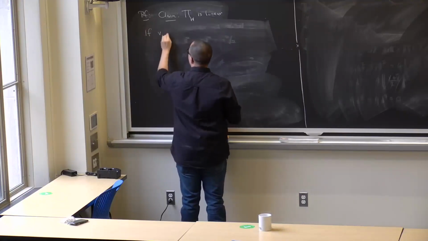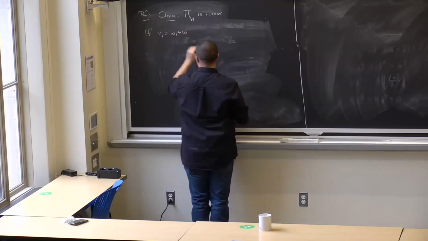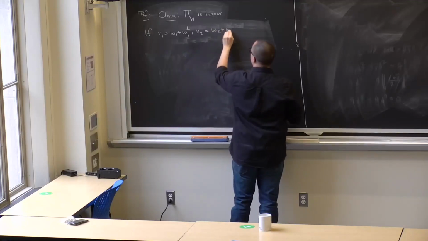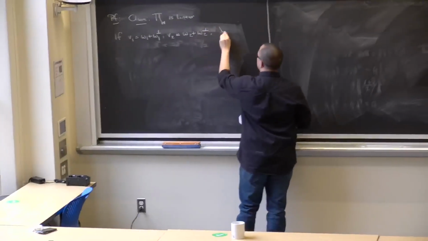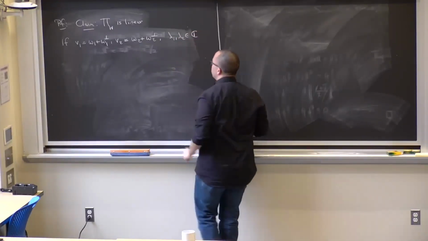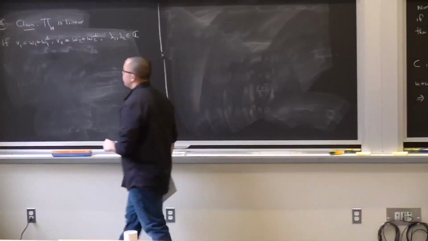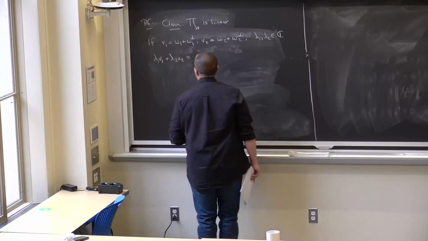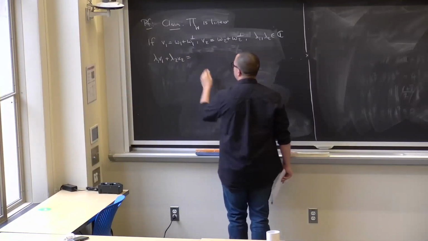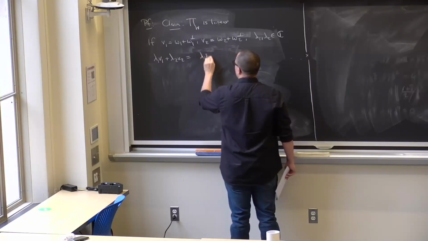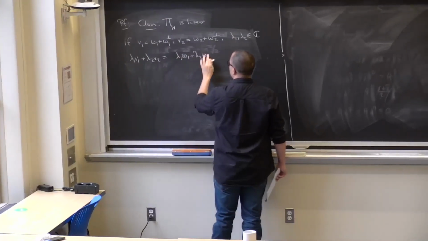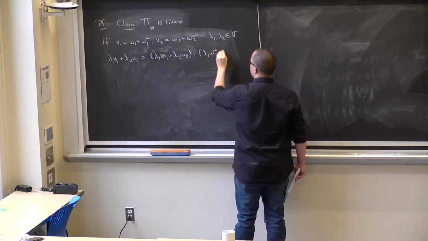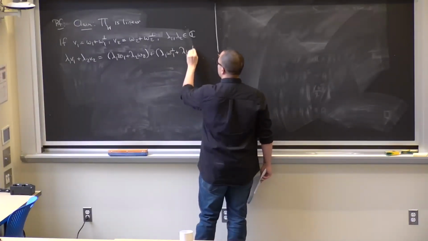So if I have V1 is equal to W1 plus W1 perp, V2 is equal to W2 plus W2 perp, and I have two scalars, lambda 1, lambda 2, complex numbers, then lambda 1 times V1 plus lambda 2 V2 is equal to, multiplying out and combining, lambda 1 W1 plus lambda 2 W2 plus lambda 1 W1 perp plus lambda 2 times W2 perp.